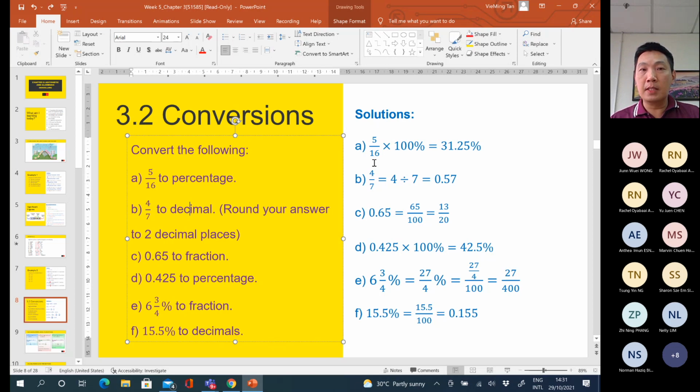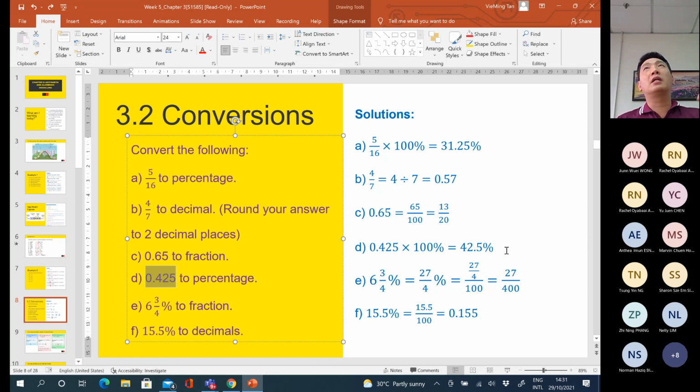So far so good. Similarly, if you have a decimal number, let's say D, instead of a fraction, and you are asked to convert it into a percentage, it's very easy. Multiply by 100. So you use 0.425 multiplied by 100% and leave the answer as a percentage.